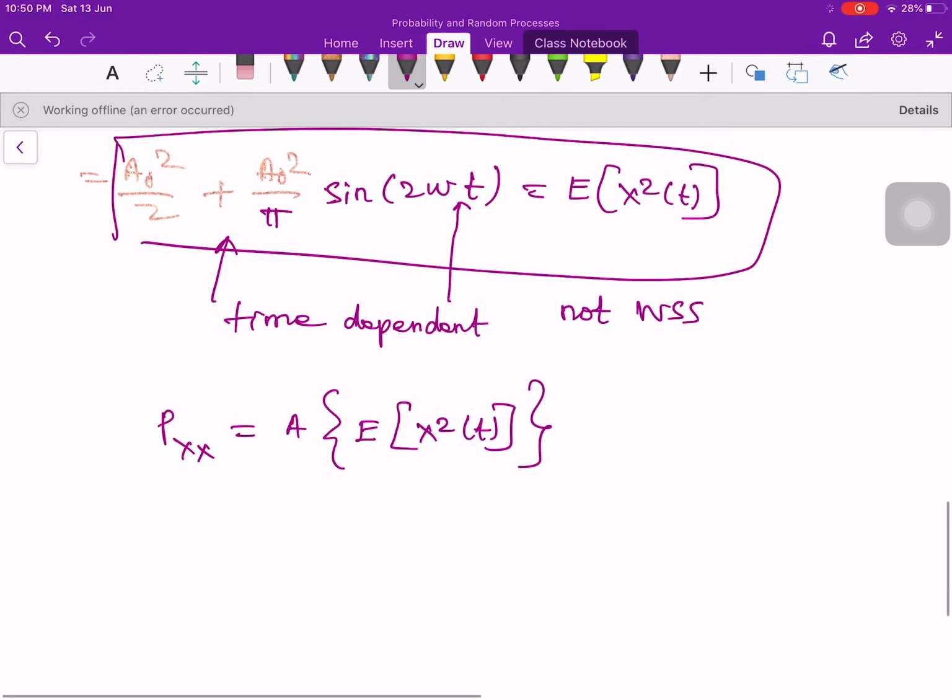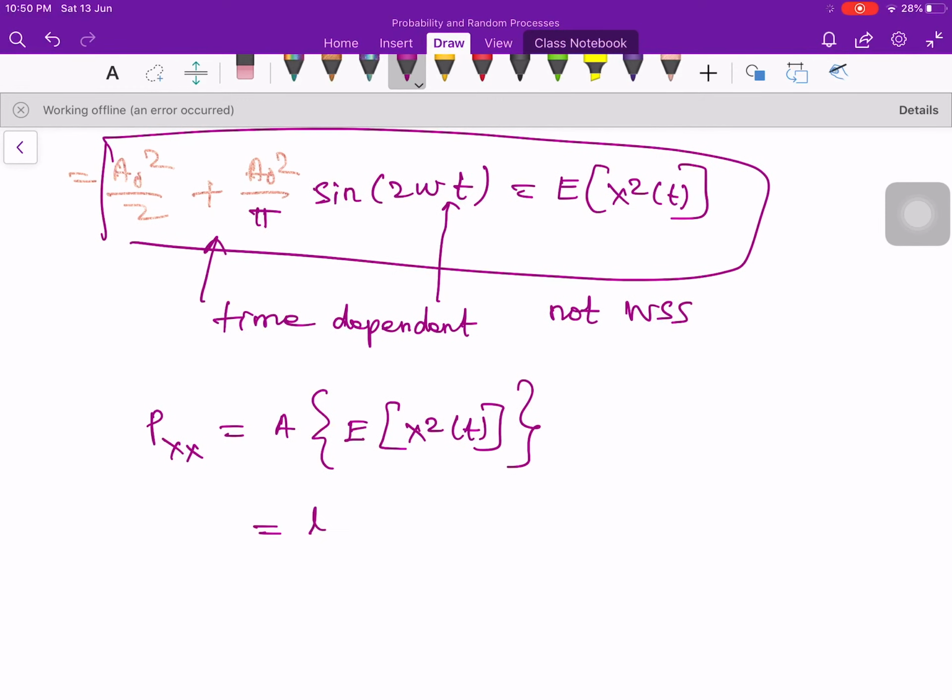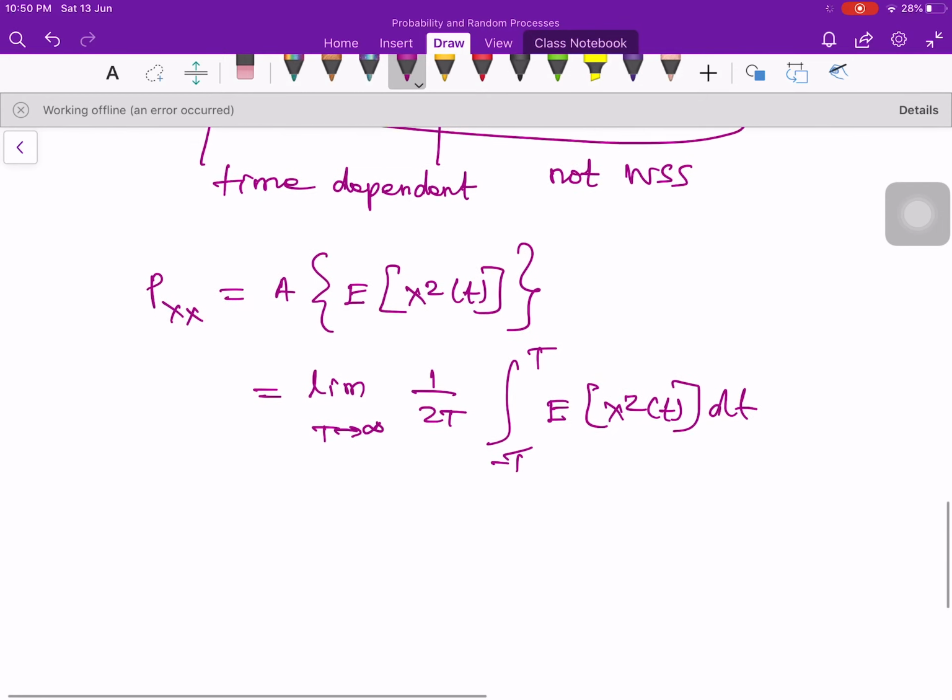So time average is equal to the limit as T goes to infinity of 1 over 2T times the integral from minus T to plus T, dt. Substitute that value here.